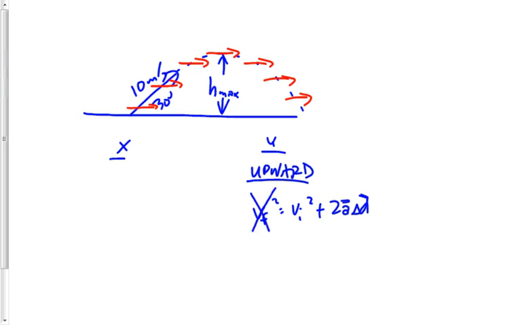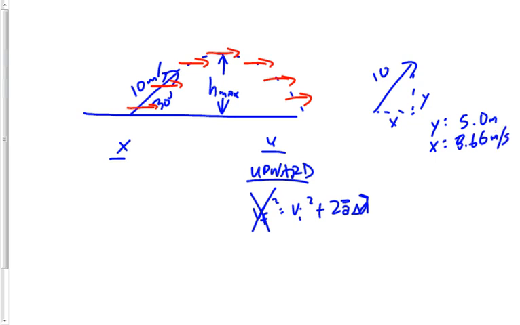Vi, well, we'd have to break that down. The y component would end up being equal to 5.0 meters per second. The x component would be 8.66. You guys can do that, right, using sine and cosine. So we know what that is. A is negative 9.81.